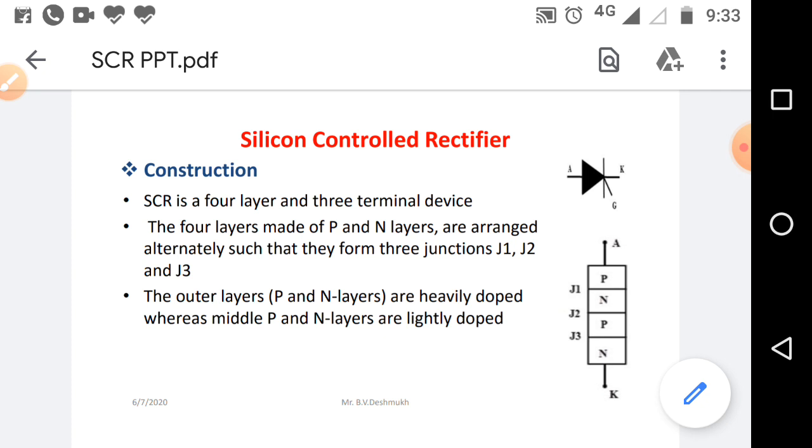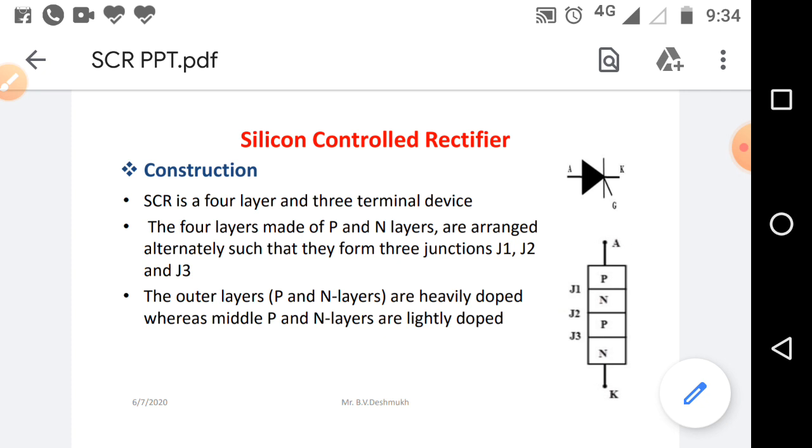For this alternating arrangement, we get a 4-layer and 3-terminal device. The 4 layers of P and N are arranged alternately such that they form 3 junctions: the J1 junction, J2 junction and J3 junction.